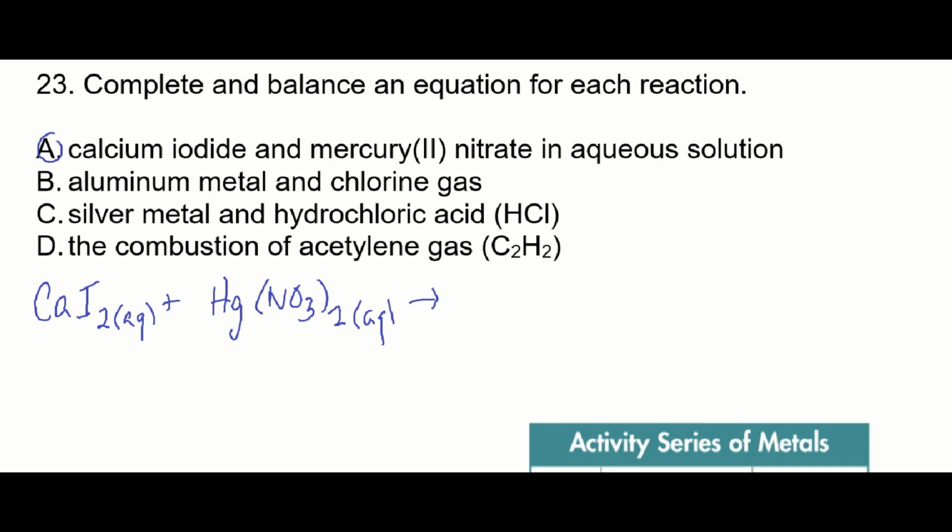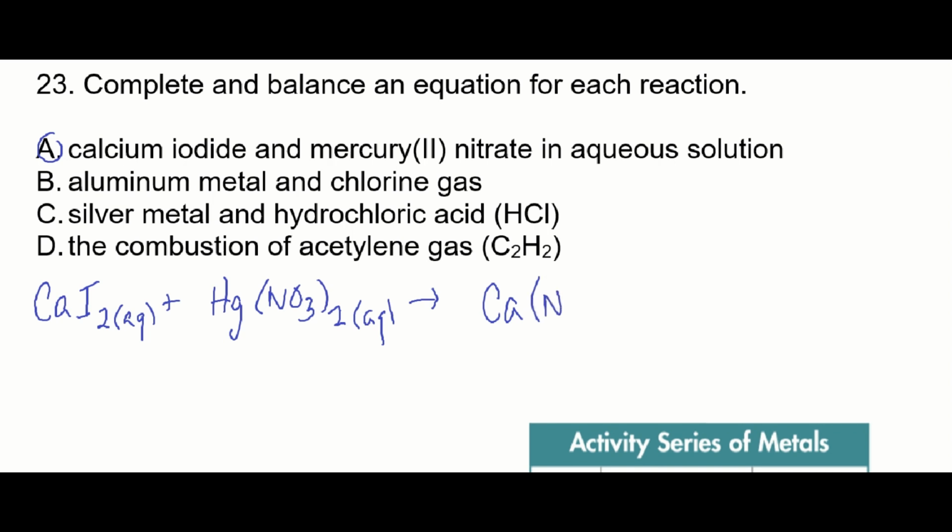This is in the format of 2 compounds in aqueous solution before the reaction arrow. So what we're going to do here to predict the products is swap out the ions, the cations, or you could do the anions, get the same thing. So one of the products is going to have calcium now paired up with nitrate.